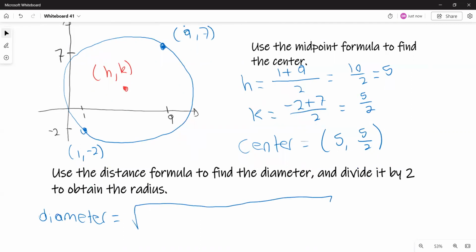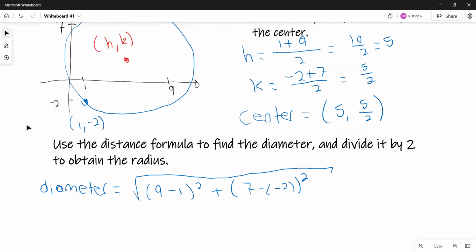from 1, -2 to 9, 7. So that's going to be the square root of 9 minus 1 squared plus 7 minus -2 squared. So this is 8 squared. 7 minus -2 is going to be 9 squared.